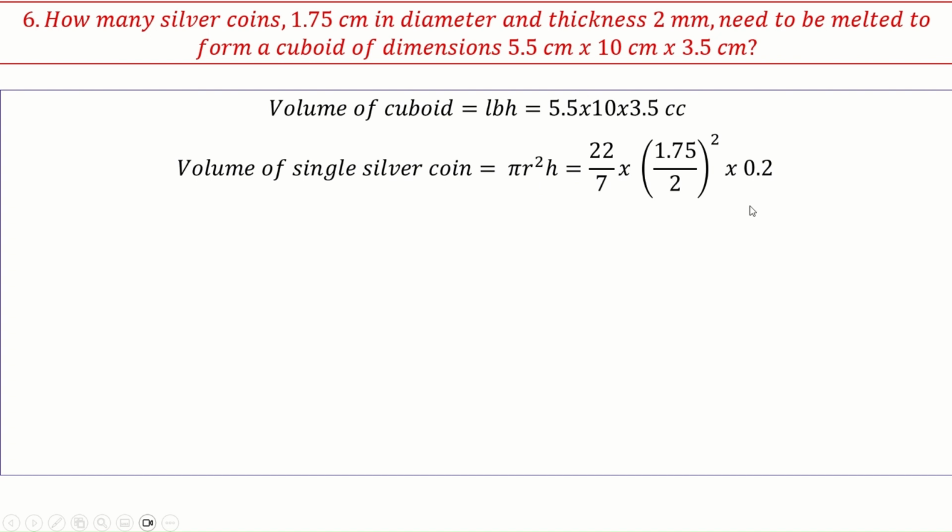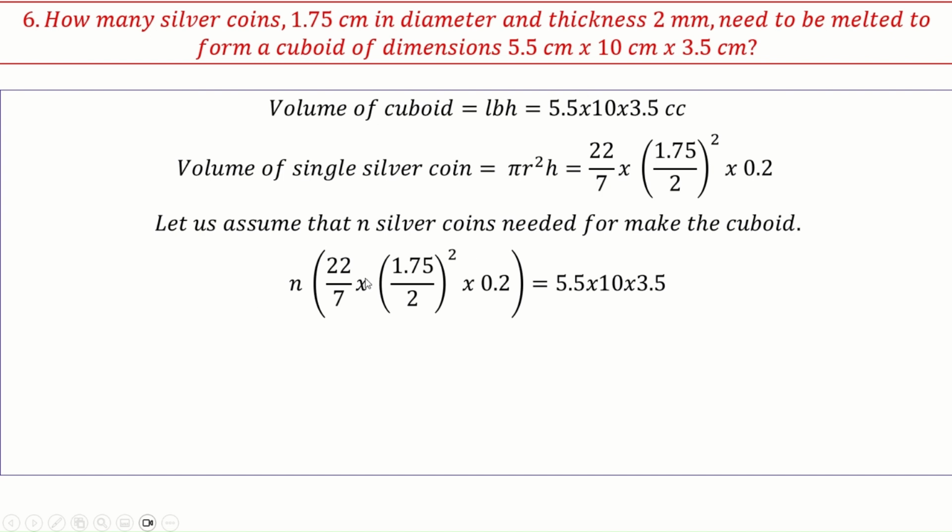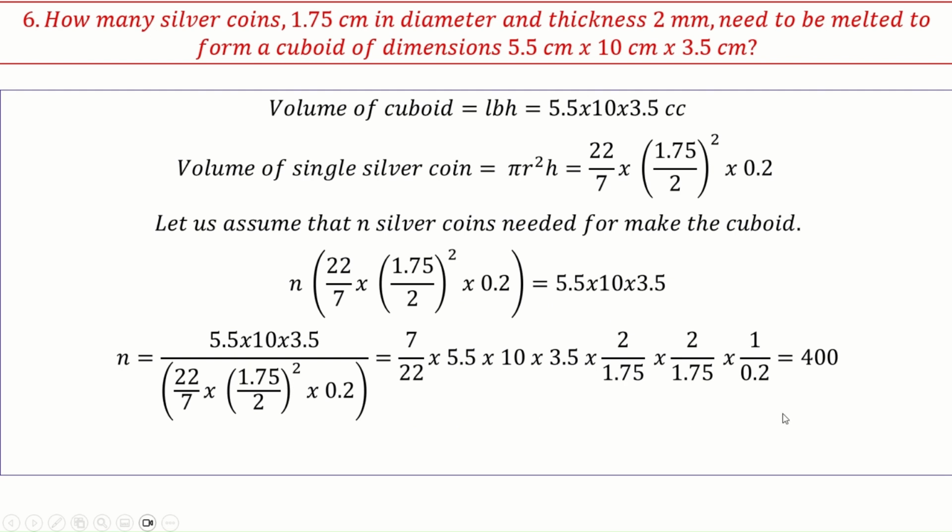Here the height is 2 mm, which is 0.2 centimeters, and the diameter is 1.75 centimeters, so 1.75 by 2 is the radius. Now n into this value is equal to the total volume of the cuboid. So I get n is equal to 400.